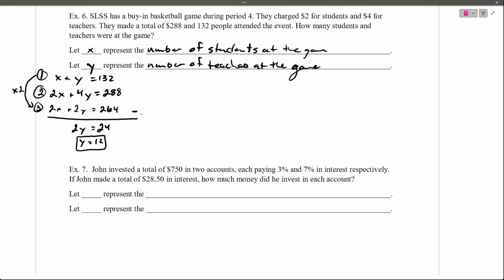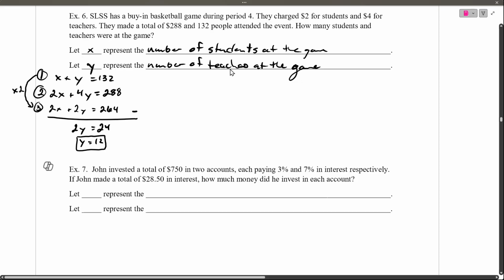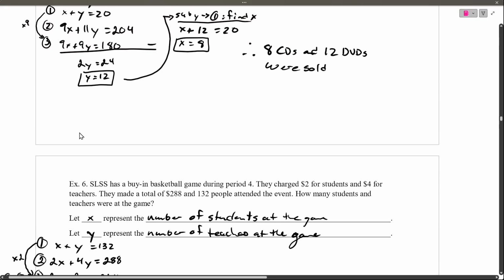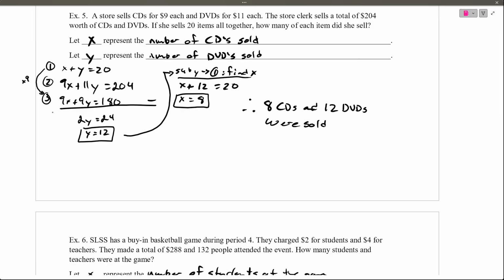Okay. I just realized that I'm going to scroll up for a second because I'm pretty sure I forgot to do something, the same thing that I forgot to do on the previous problem, which is to write out what I did, which is equation 2 minus equation 3.